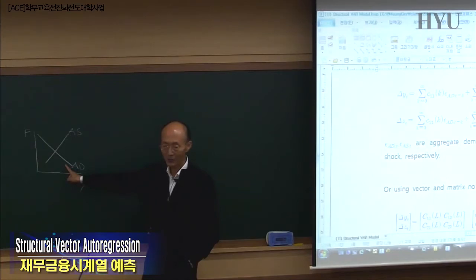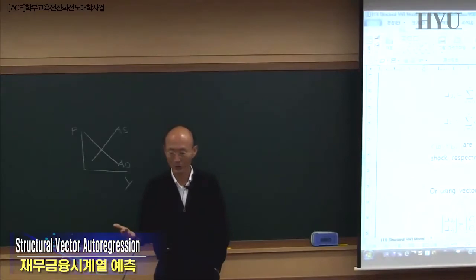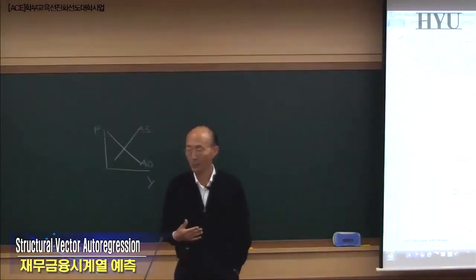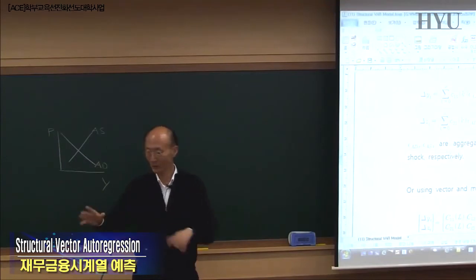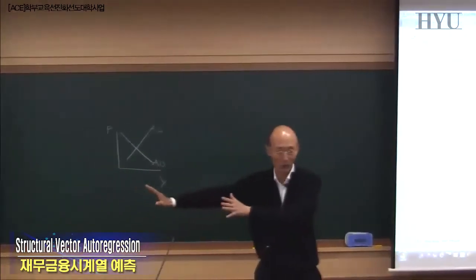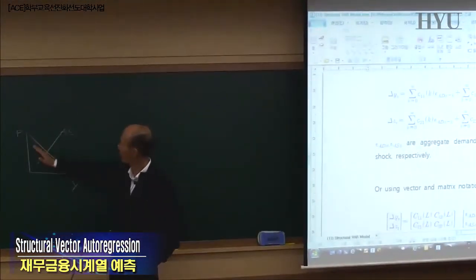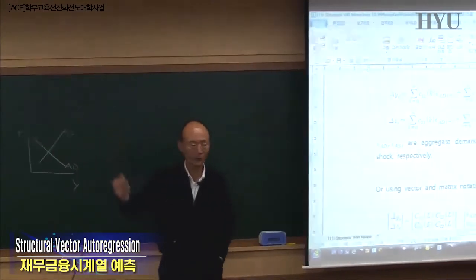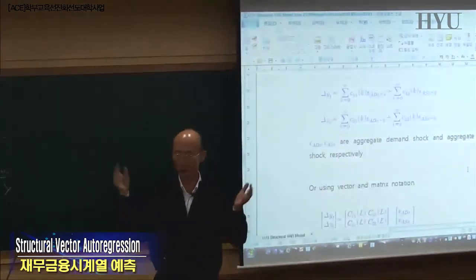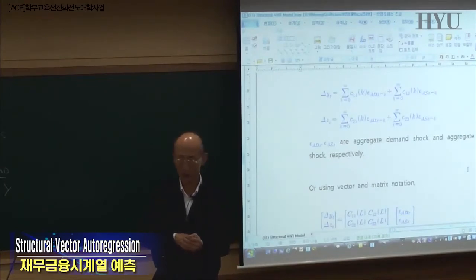For instance, what? Monetary policy shock, or money demand shock. People suddenly move away from cash, sort of thing, right? So a behavior change. Fiscal policy and monetary policy, and the shocks associated with those two, may affect the location, right? And a supply shock could be a sudden surge in oil price, for instance, right?